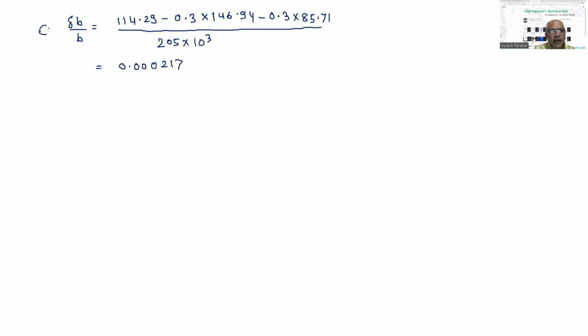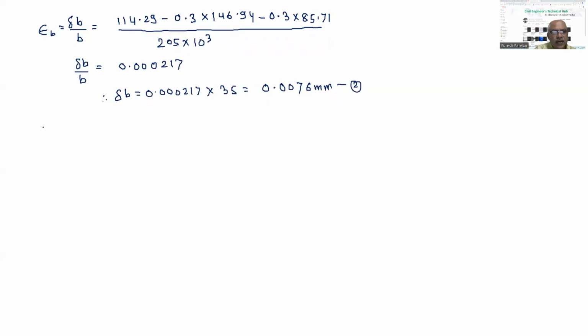So this is alpha epsilon B, so delta B by B. And if we put the value of delta B here, therefore delta B is 0.000217 into 35, and we will get this increase as 0.0076 millimeter. This is the second increase in dimension.